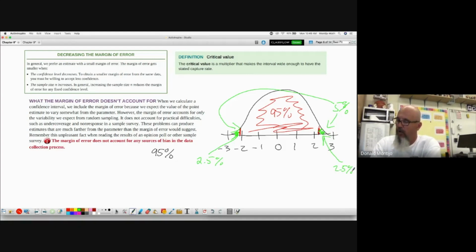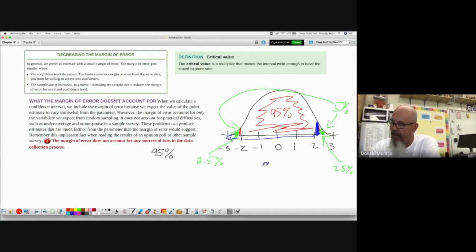Now, if you recall, table A will only give us the area to the left, or the area less than. So I want to know, what is this critical value right here that we would use to construct a 95% confidence interval? What I'm drawing here in blue, I need to know what area is to the left of that point.